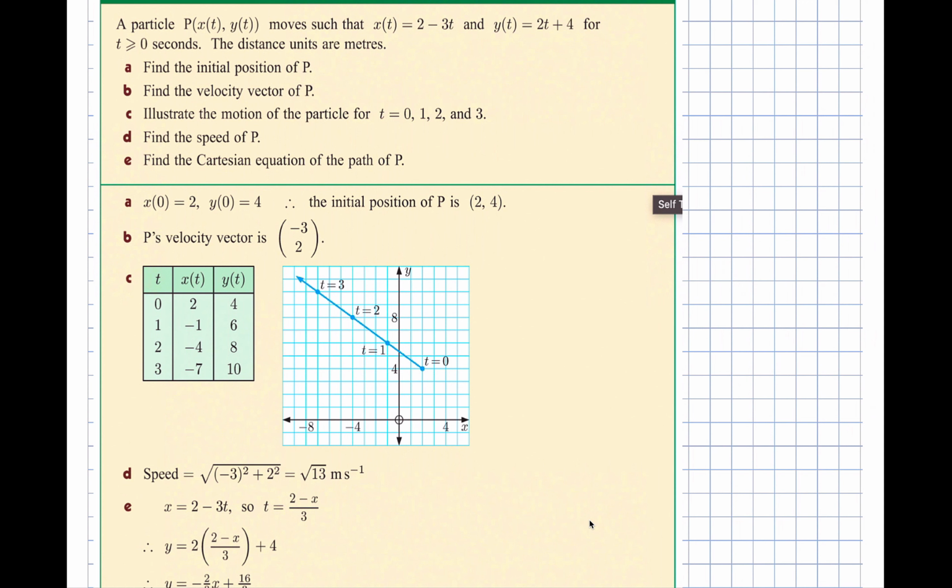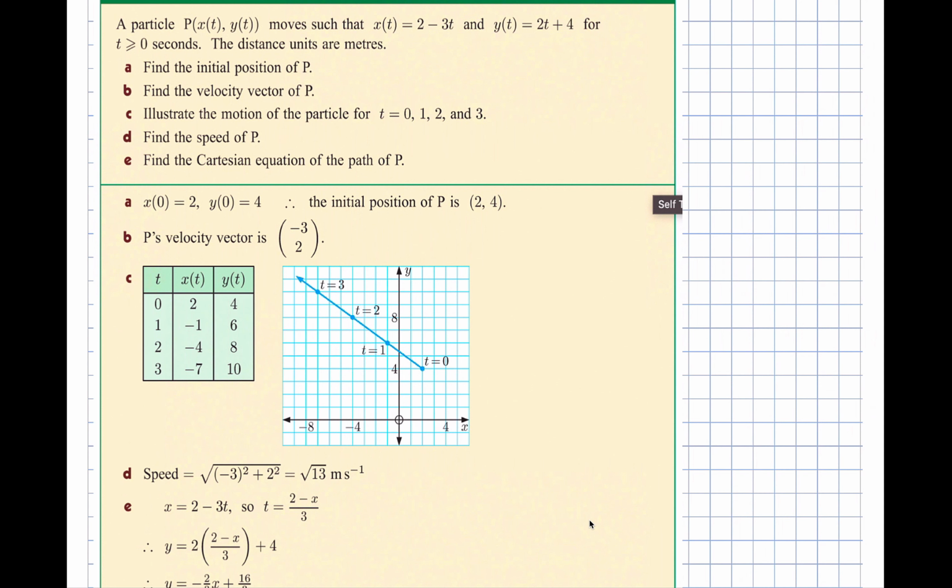The velocity vector, we read directly off of here, so -3 and 2. Just note that they've written the t's in a different spot just to make it neat and tidy, so the x one doesn't say -3t plus 2, but it would be the same thing. So that's pretty straightforward.